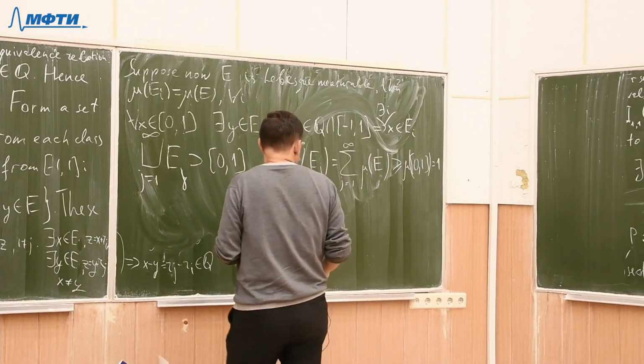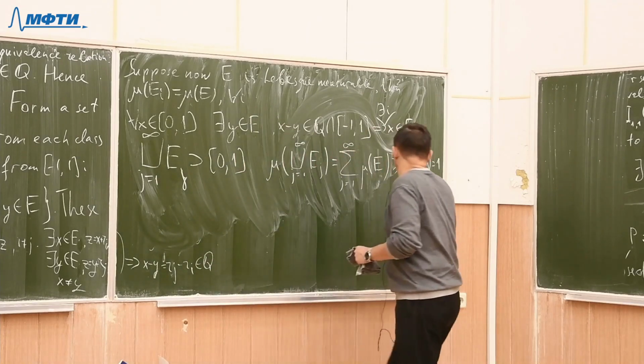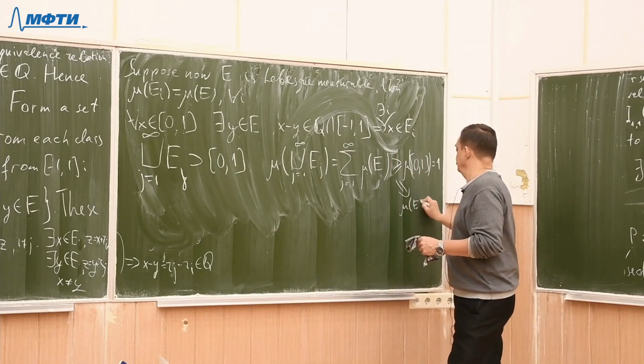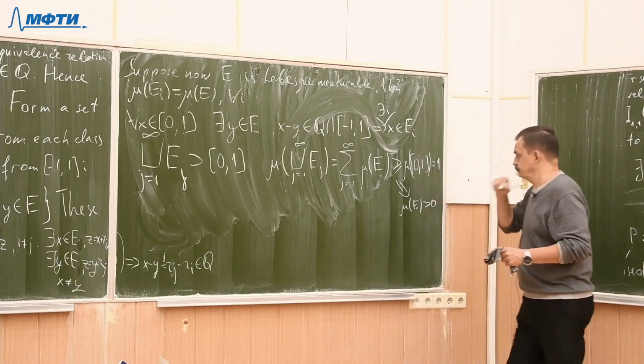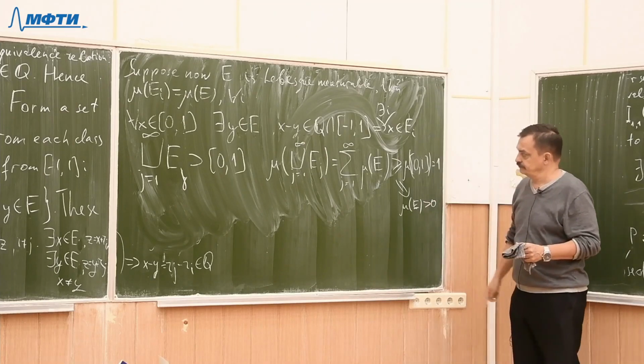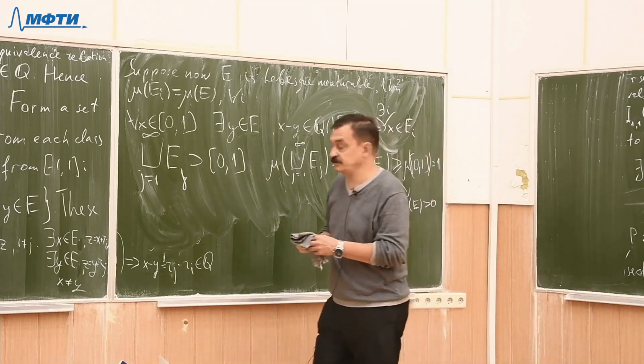So it follows that the measure of E should be positive. It cannot be 0, otherwise we have a sum of zeros.